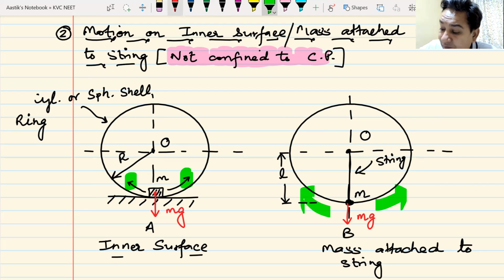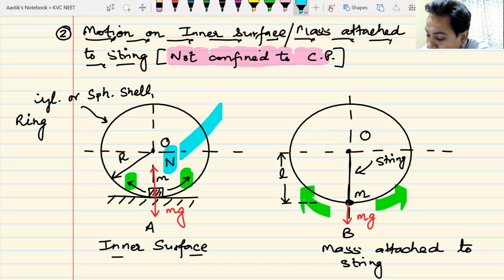Yes. If I draw the free body diagram of the gentleman on the left, you will see a normal reaction N coming from the circular track. This normal reaction, the blue one, is coming from the circular track, since if there is no track, it cannot move.